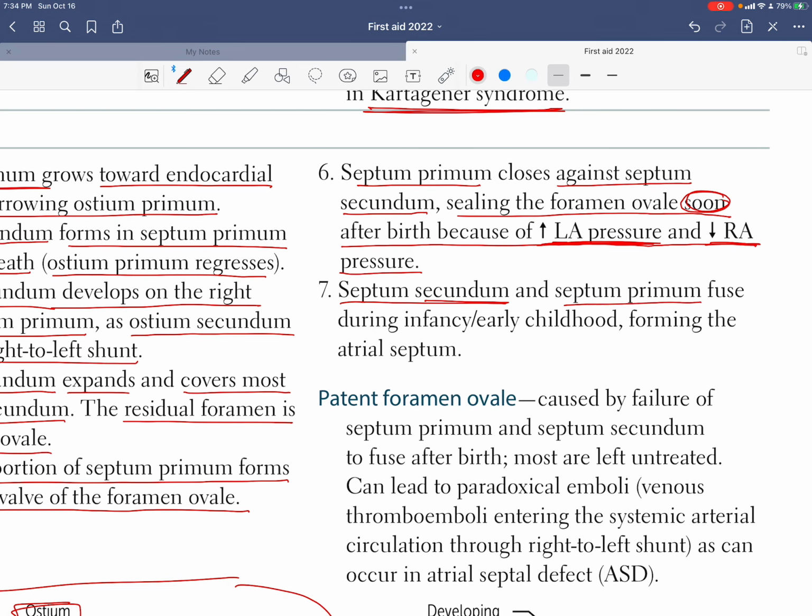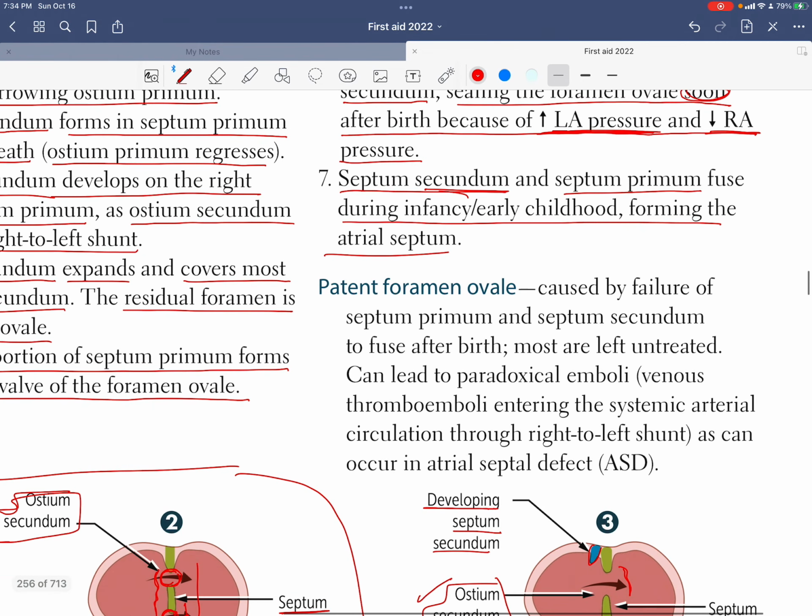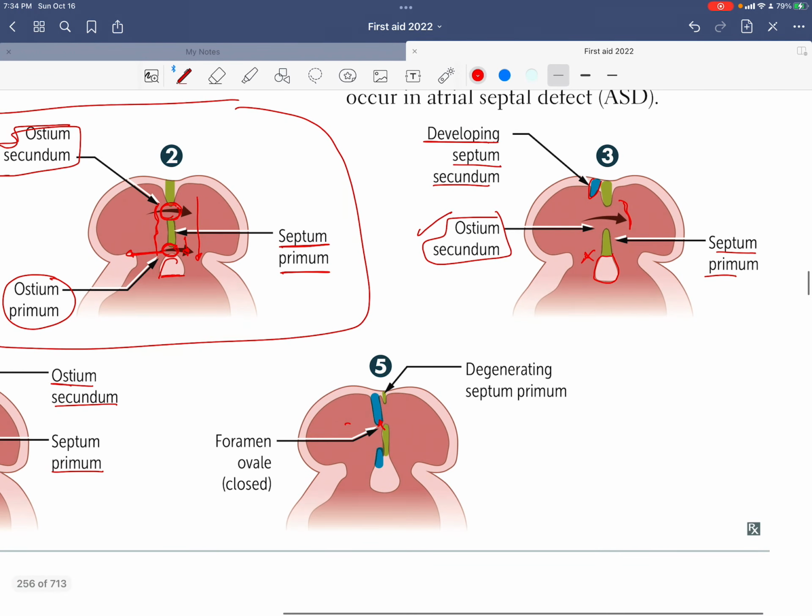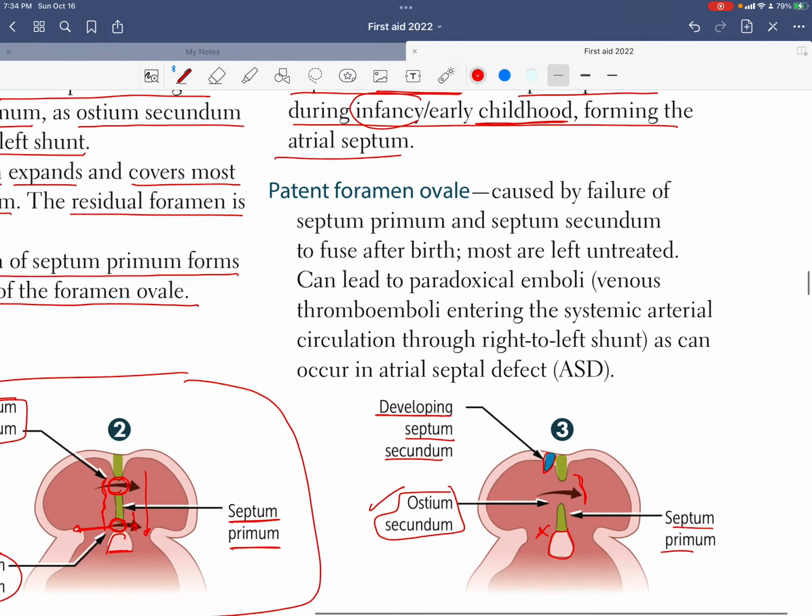So for point 7, it says septum secundum and septum primum fuse during infancy, early childhood, forming the atrial septum. Infancy is the period after the baby is born, and then there is childhood, the period after infancy. So they fuse together, the blue and green, and form the atrial septum, that is between the right atrium and left atrium.